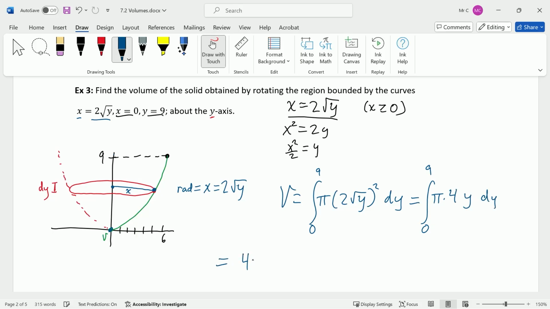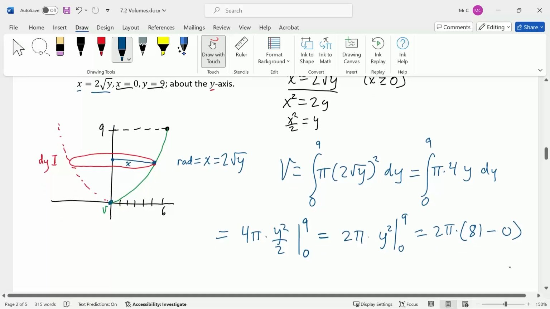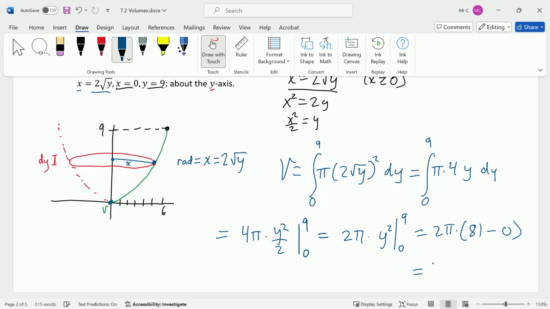And so this becomes 4 pi times y squared over 2, evaluated from 0 to 9, which is 2 pi, 4 over 2 is 2, times y squared, evaluated from 0 to 9. And so that's 2 pi times 81 minus 0. That gives me 162 pi.